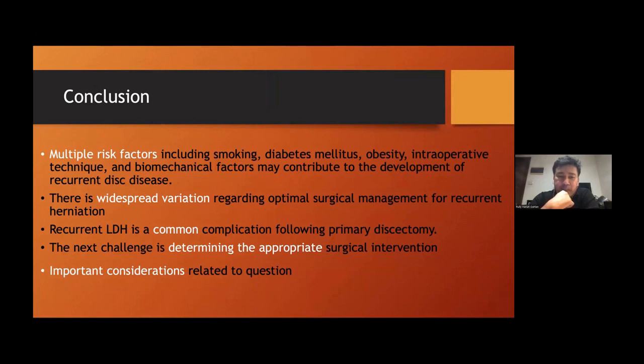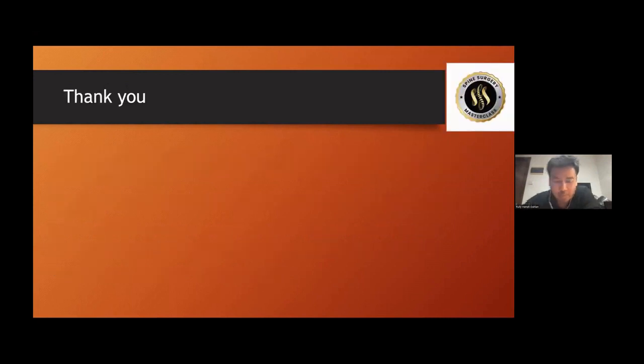Recurrent LDH is a common complication following primary discectomy, caused by the fissure theory. And the next challenge is determining the appropriate surgical intervention. And all the important considerations are always related to the question that I showed you at the beginning of this slide.